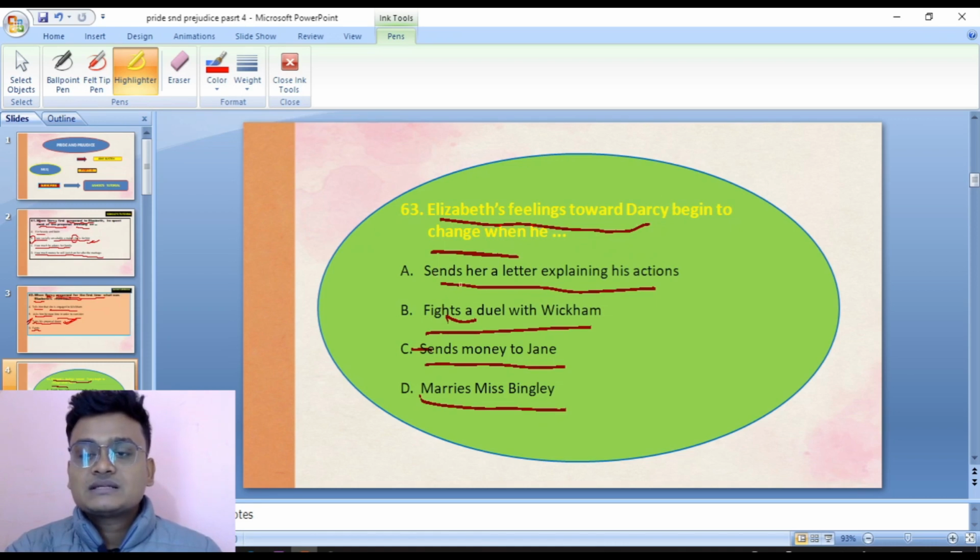Now the options are: he sends her a letter explaining his actions, fights a duel with Wickham, sends money to Jane, marries Miss Bingley. So option A, that is sends her a letter explaining his actions.